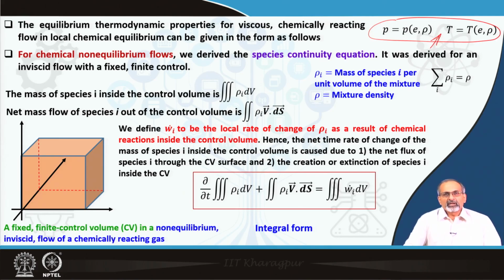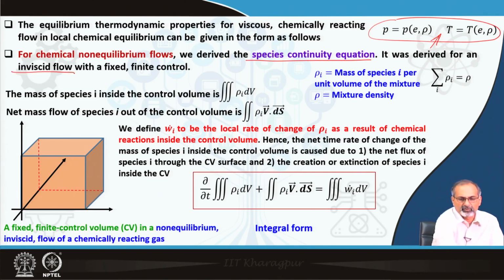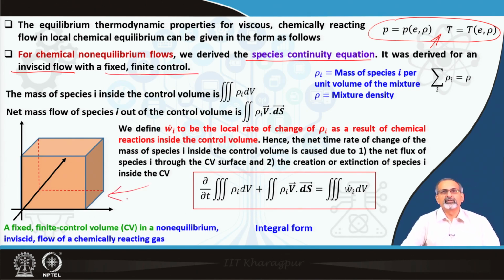For chemical non-equilibrium flows, we derived the species continuity equation, but that was done in the context of an inviscid flow, and there we had used a fixed finite control volume like the one that you see over here, where rho i was the mass of species i per unit volume of the mixture.